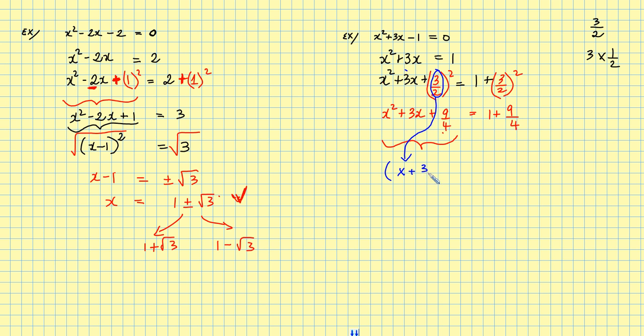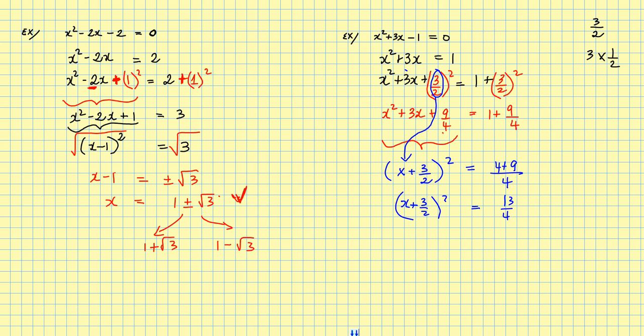So it'll be x plus 3 over 2 all squared, which is equal to 1 plus 9 over 4. Let's get a common denominator of 4 over 4 plus 9 over 4, and therefore we have x plus 3 over 2 all squared equals 13 over 4.